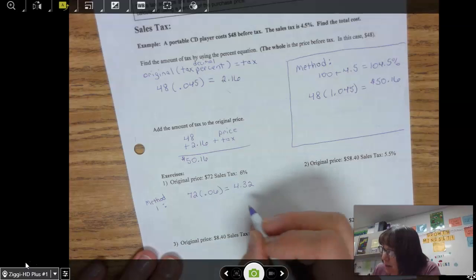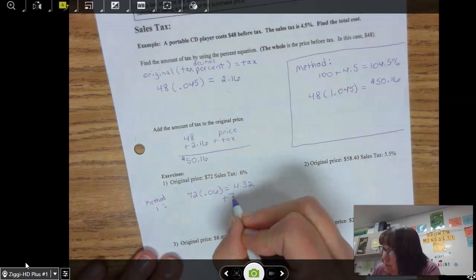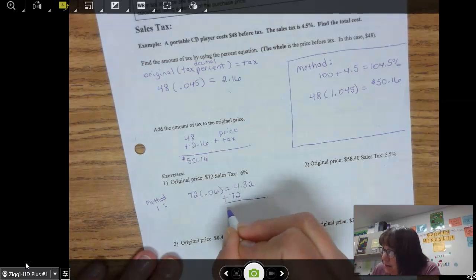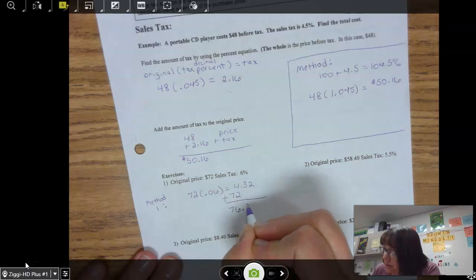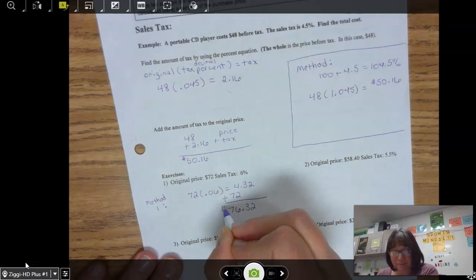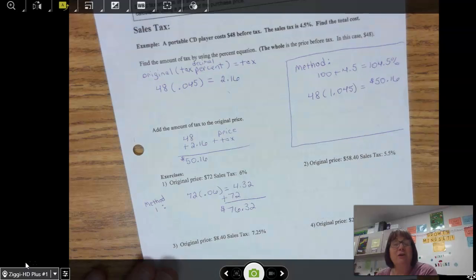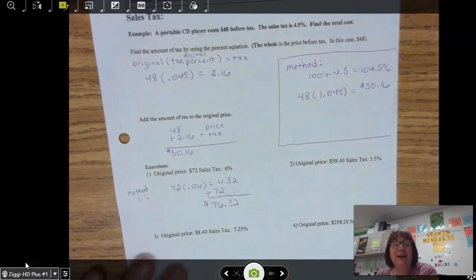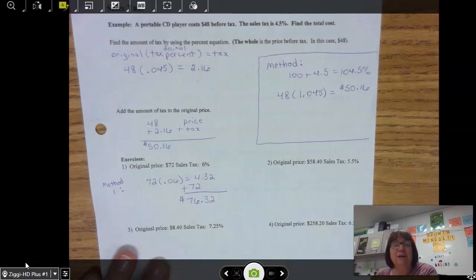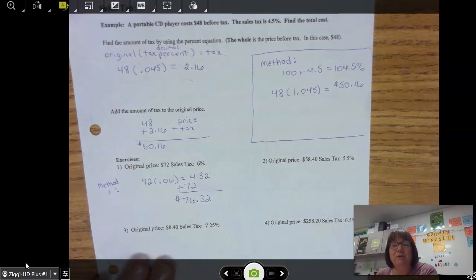Now I add that to the price, which was $72, and I get $76.32. Okay, so either method you use, you should still have had that answer. Okay, go ahead and work number 2 for me.